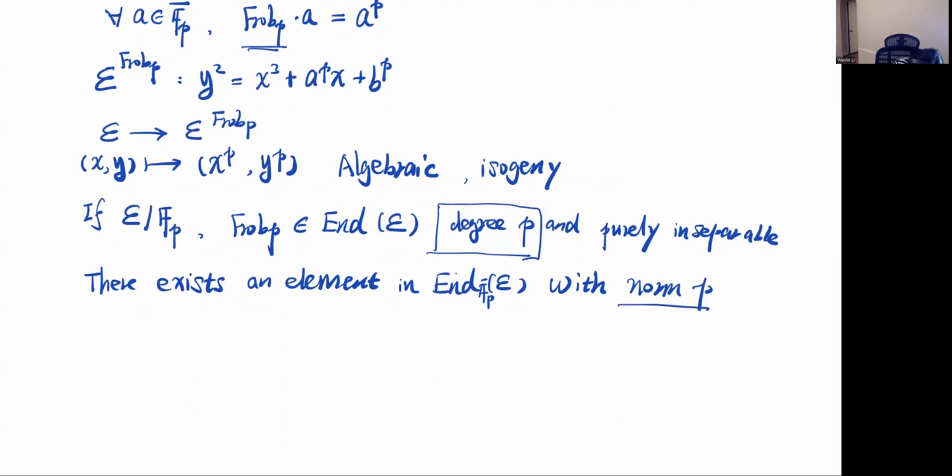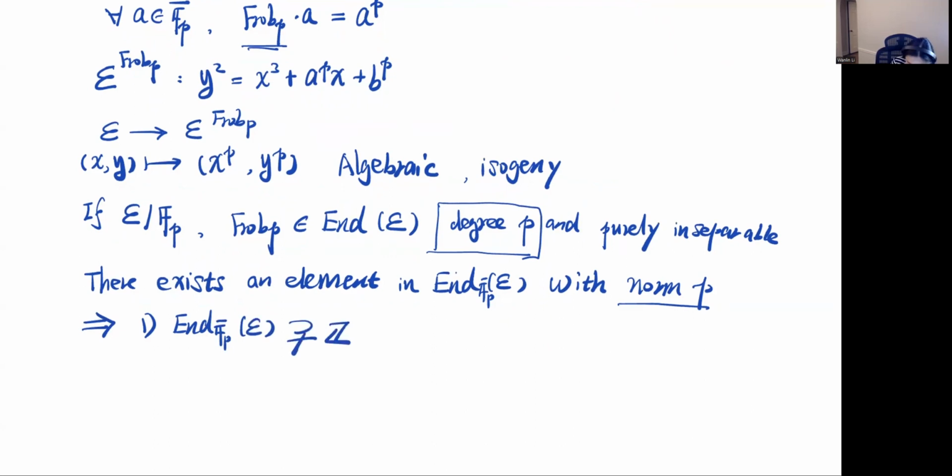Another thing this implies is that, first of all, the endomorphism ring is strictly greater than Z, right?